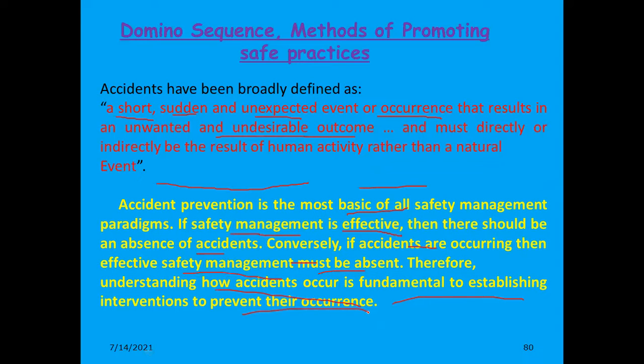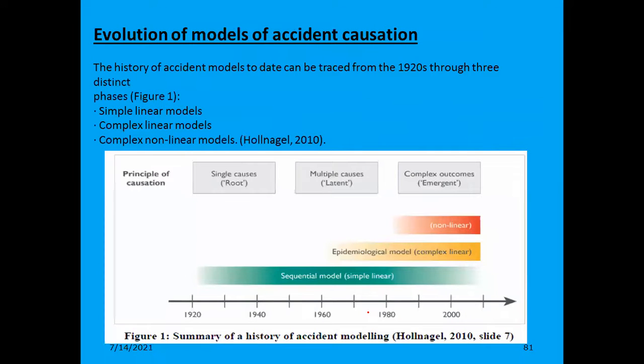So what is the main concept now to find? Understanding how accidents will happen and how to prevent them before occurring is the main thing we have to consider. So this is the thing we will discuss in this concept. So how this evolution of models of accidents occur. Okay, so the evolution of models of accidents causation.